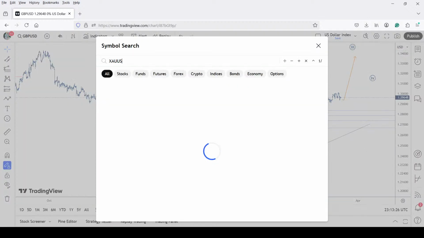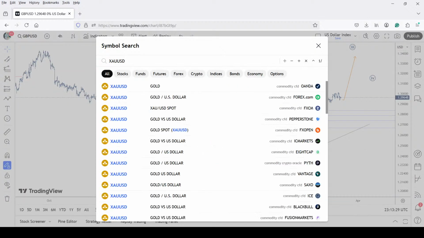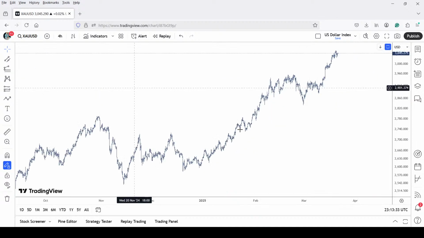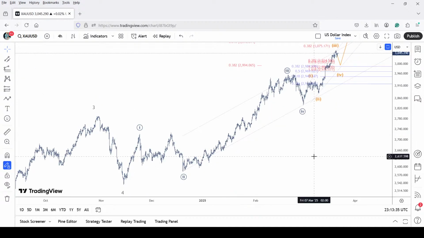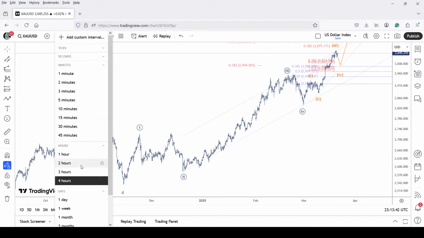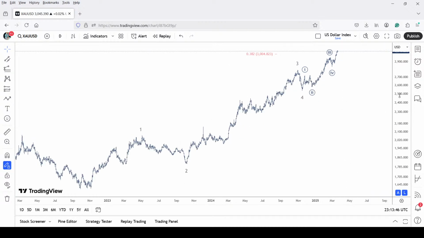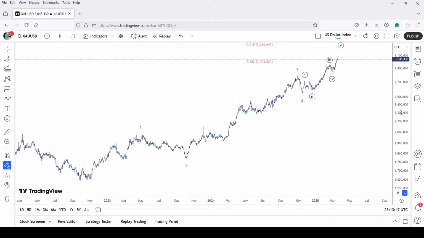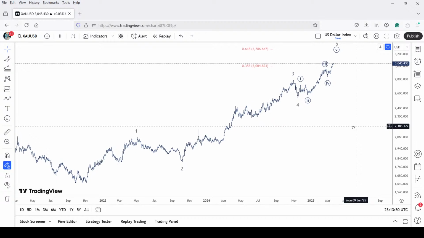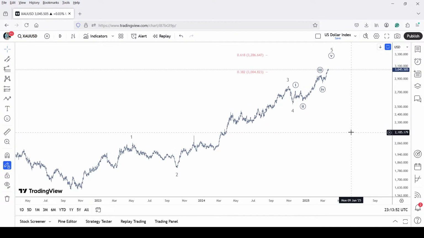All right, so now we've got something in gold in terms of price action going on. Before we go to the hourly chart, I mean, it's a bit congested here. Let's do it on a daily chart and then come back. So primarily gold is moving in the minor wave 5 higher, correct?